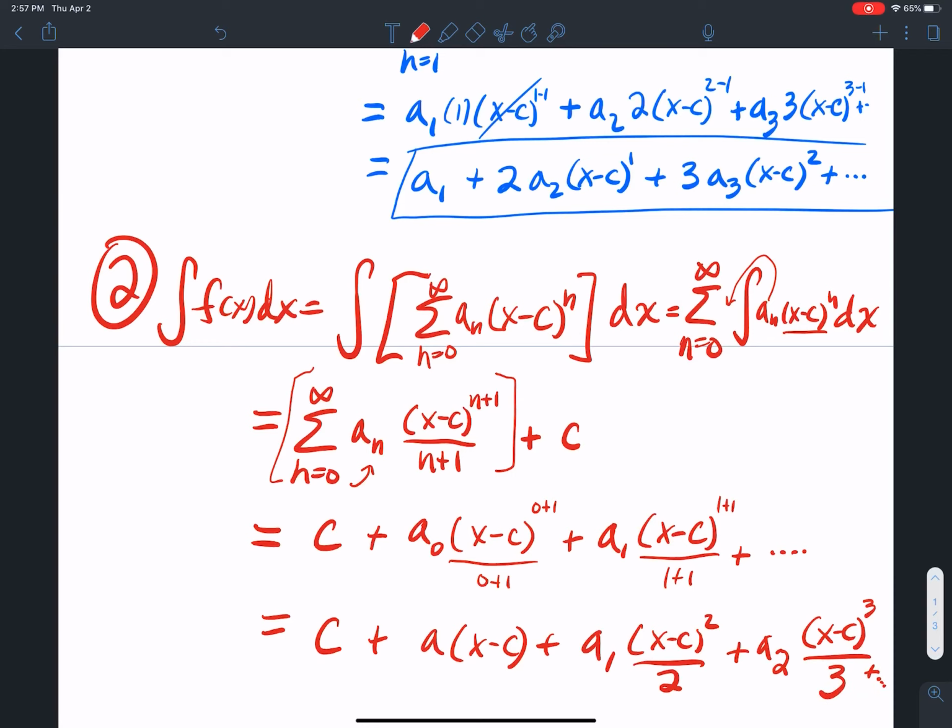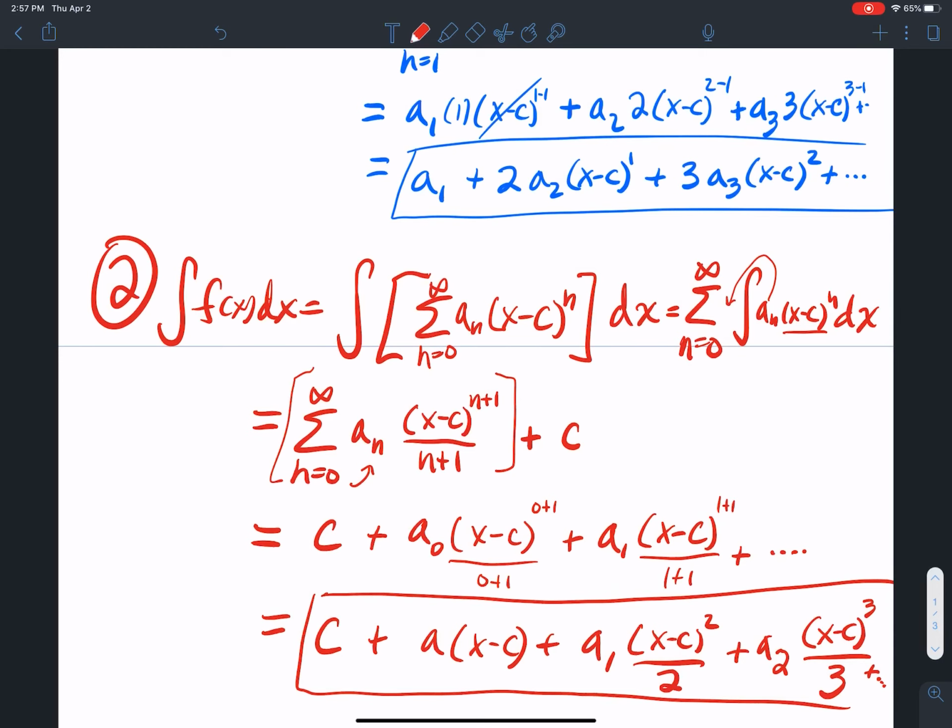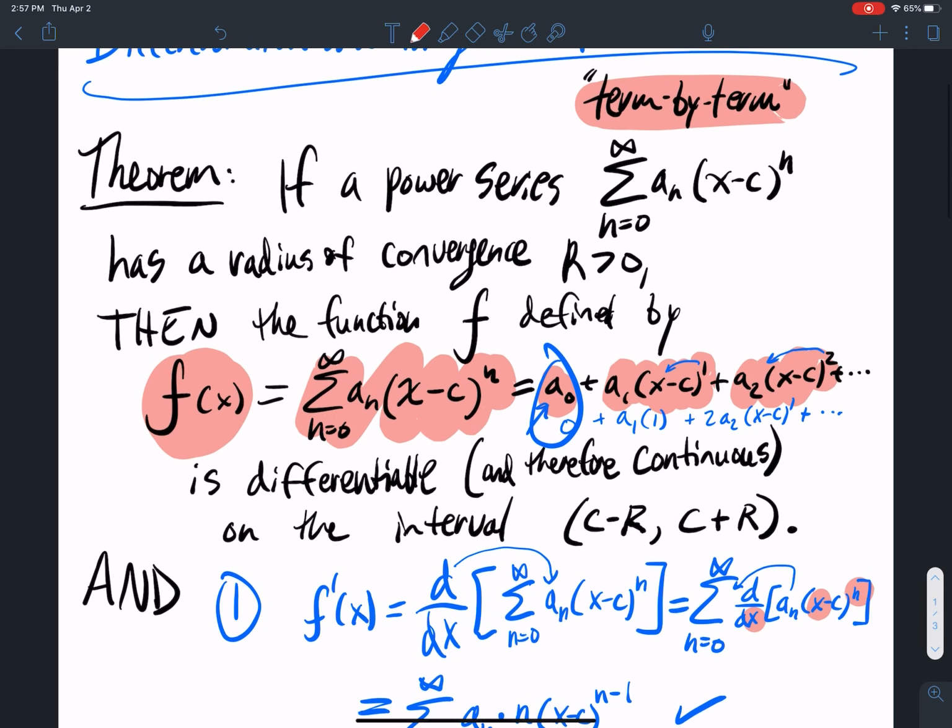Okay, so how did I get this right here? You can integrate each term individually, and you get to this here. If I integrate a0 with respect to x, I get a0 (x minus c) to the 1 over 1.